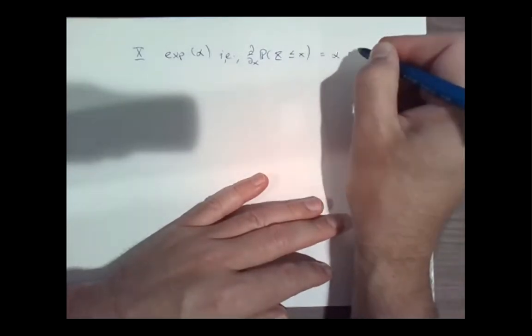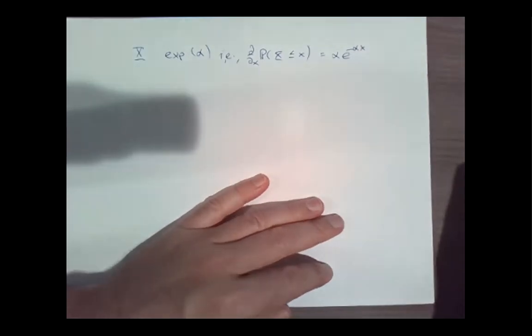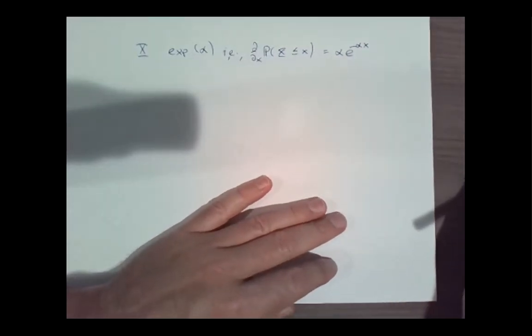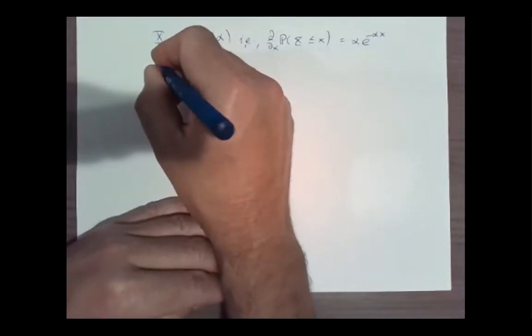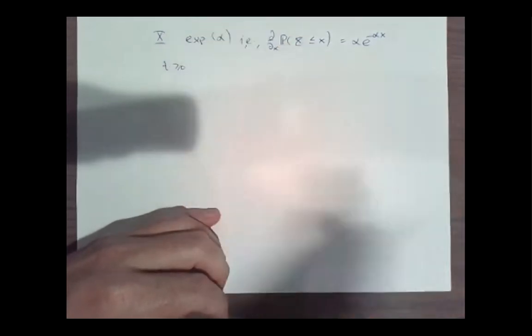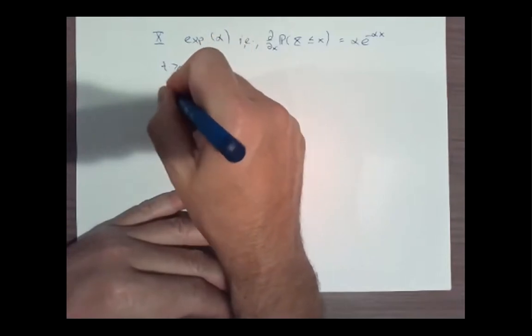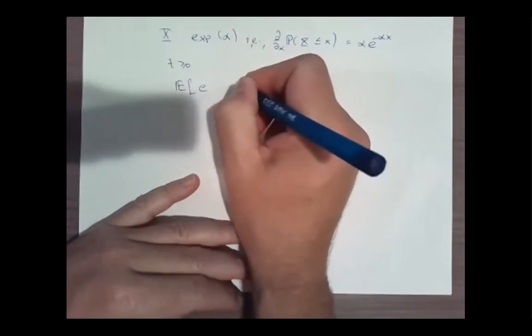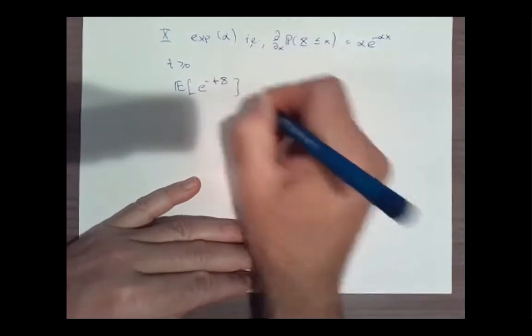This is going to be alpha e to the minus alpha x. Then what you're asking for is, you take a t that's positive and compute the expectation of e to the minus t x.